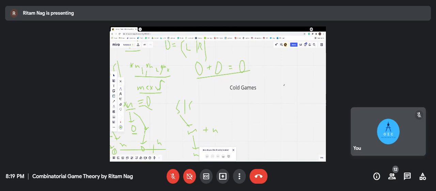To illustrate the idea of a cold game, I will talk about something called red-blue Hackenbush. Okay, how do I change colors in this thing?